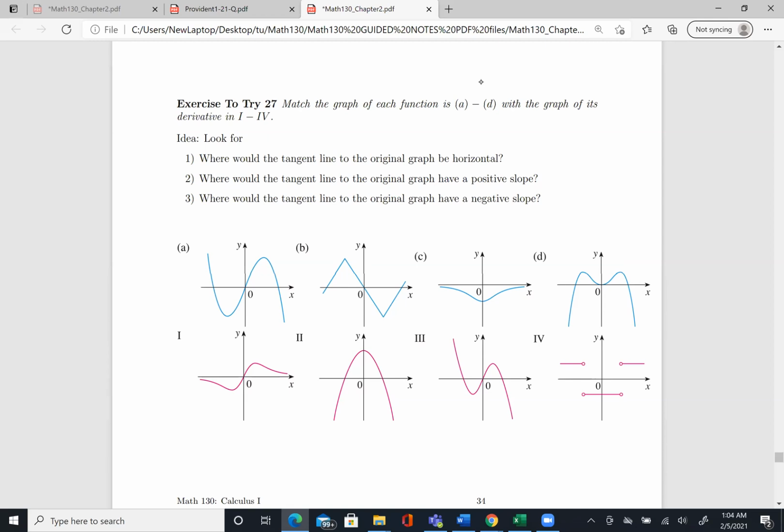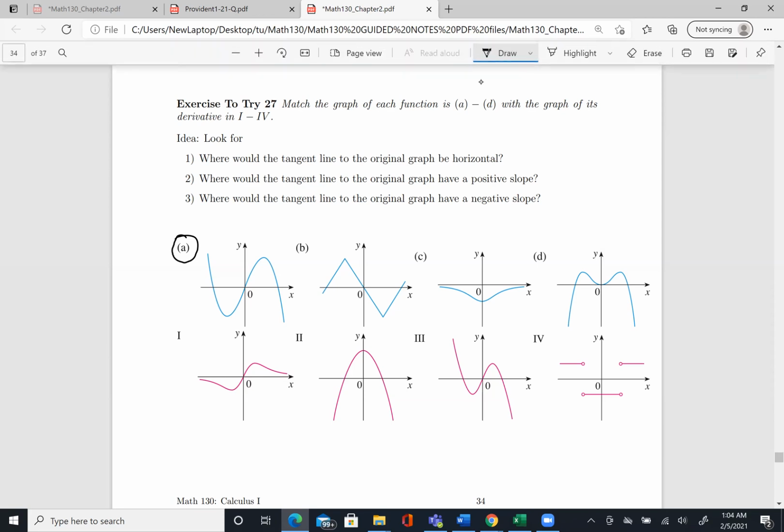So try to connect, for example, the graph A here, you should look for one of these in here, right?